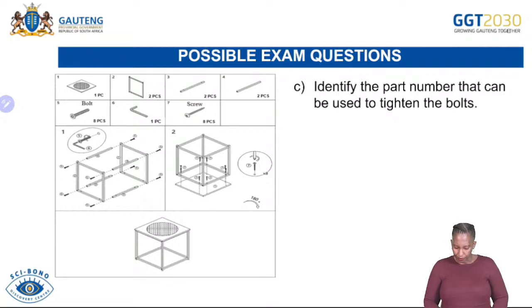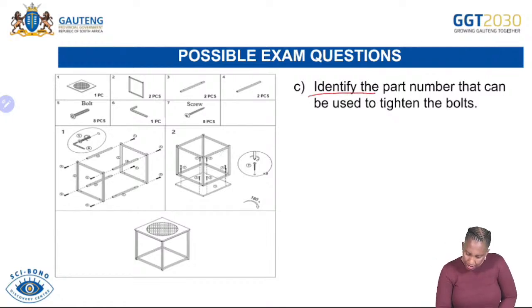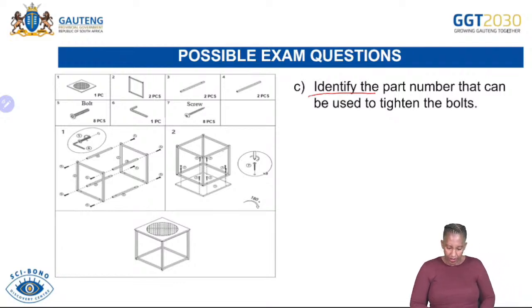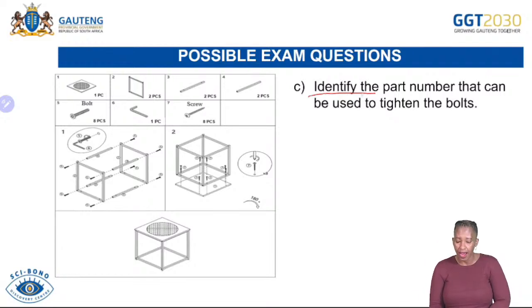The next question: identify the part number that can be used to tighten the bolt. Now we have to go through our diagram sheet again. We have to identify the part number that can be used to tighten the bolts.